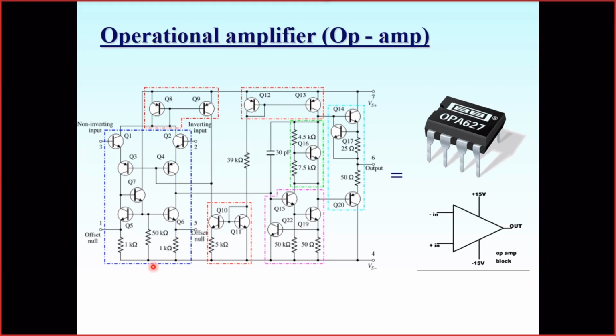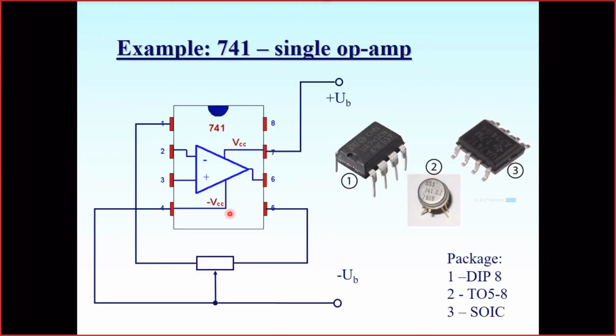What is important is that generally the amplifier may work even without this zeroing. It may work without zeroing, but in this case we may have some non-zero voltage on the output when the inputs are interconnected and connected to zero.